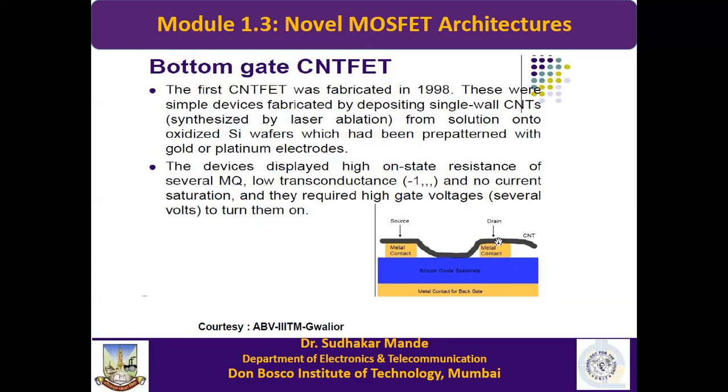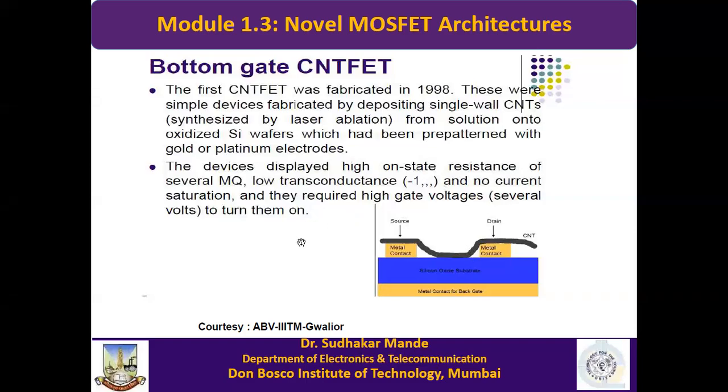You can see here the drain, and this is the source, and this is the back gate. This is the metal contact, and this is the oxide. Here we apply potential, and currents are collected. The drain collects the current, and this is the CNT here. Because of this gate voltage, one can control the flow between source and drain.